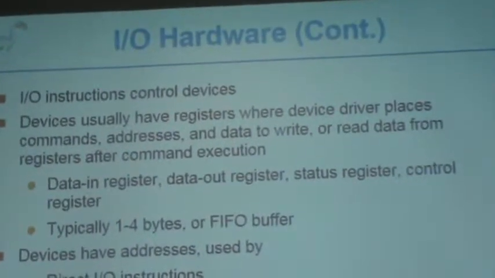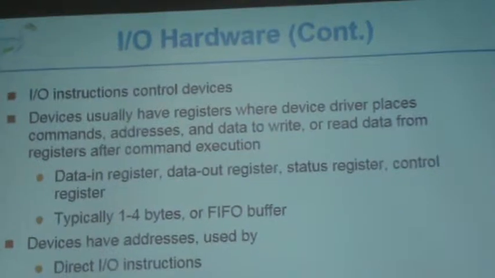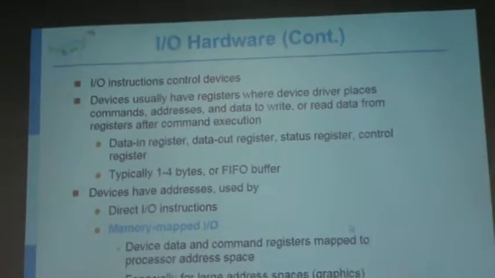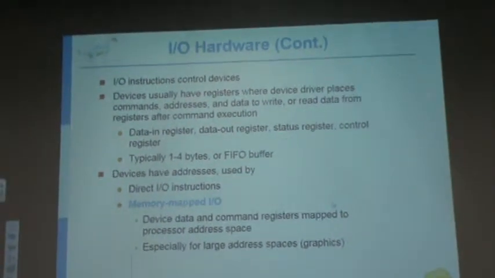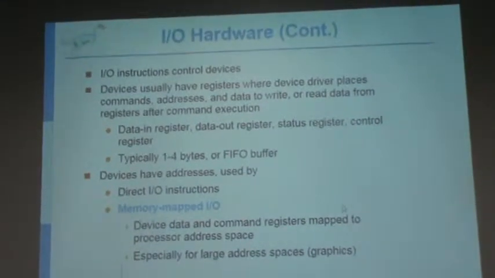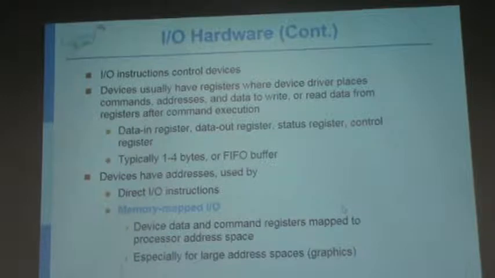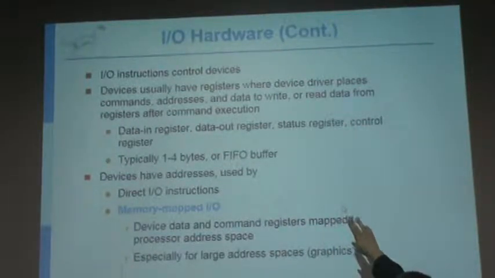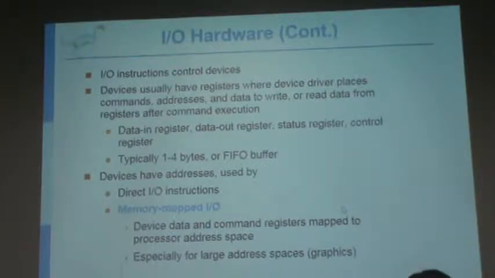So there is an I/O instruction. If you already learned assembly language, such I/O instructions can control the devices, which means there exist registers in the disk controller: data in register, data out register, status register, and the last one is the control register.